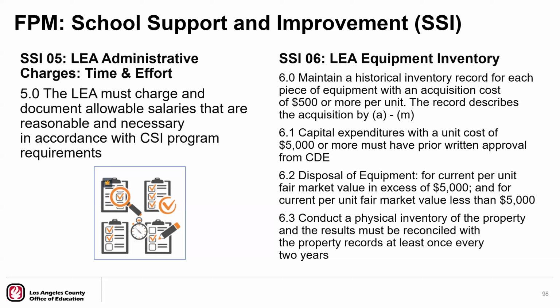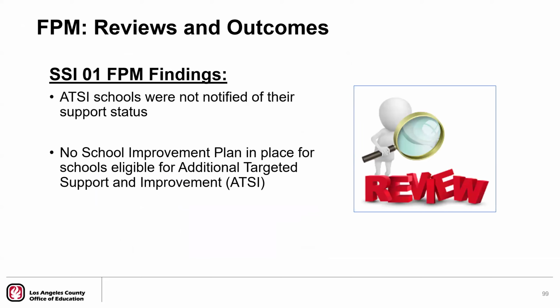Also, CS 6.1, 2, and 3 go over the specifics of what is necessary to be included, as well as how to properly dispose of any equipment that was purchased with CSI funds, and the physical inventory of the property that must take place at least every 2 years. So again, this is no different than previous instruments in the equipment inventory.